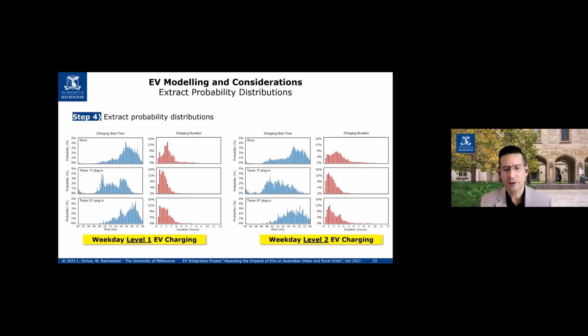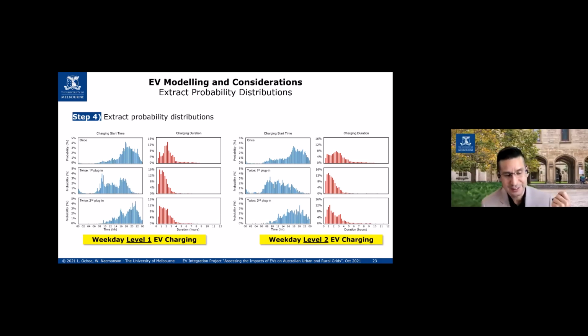Now, these different profiles or data sets were then analyzed in terms of the probability distributions. So for a weekday level 1 electric vehicle charging, we are able to plot all the corresponding distributions. As you can see here, people will have the charging time.